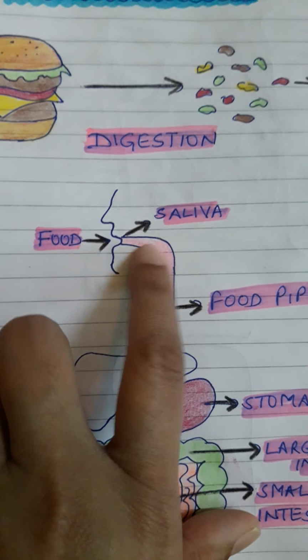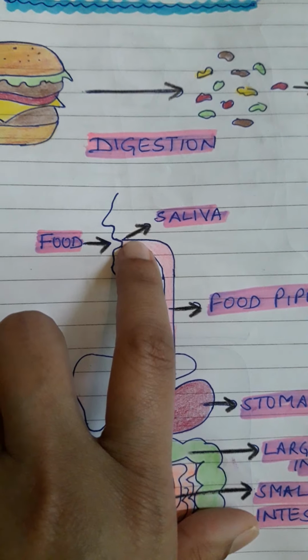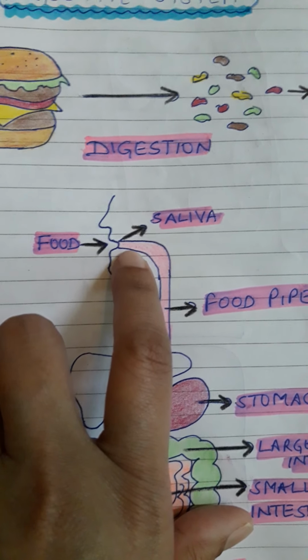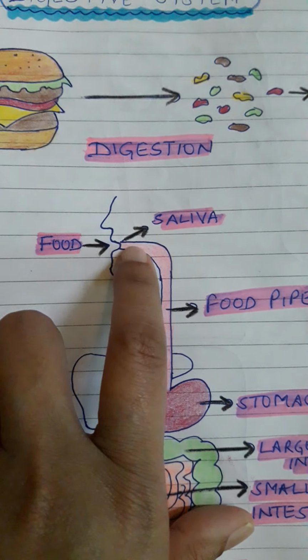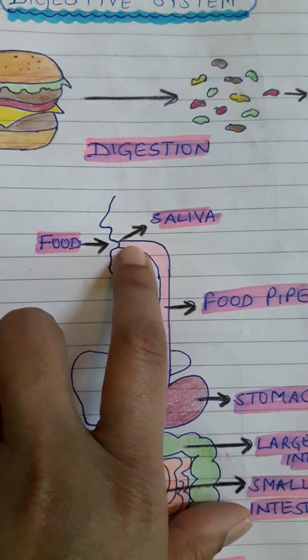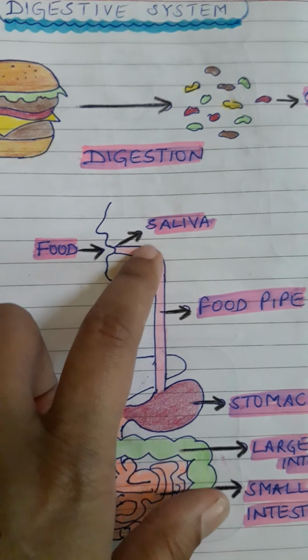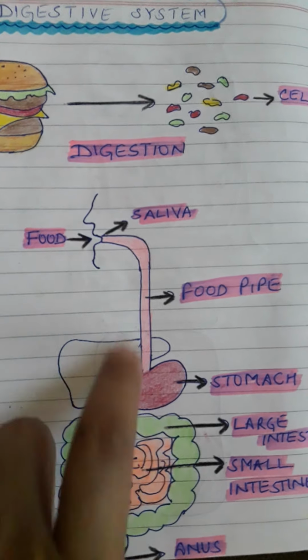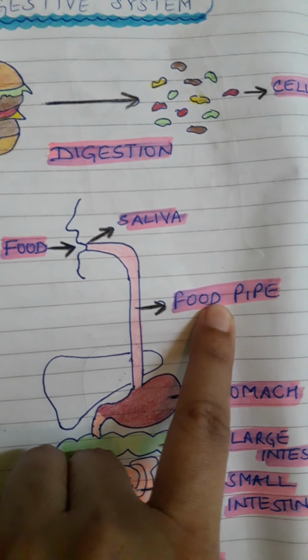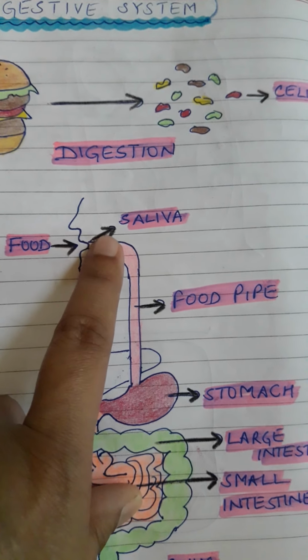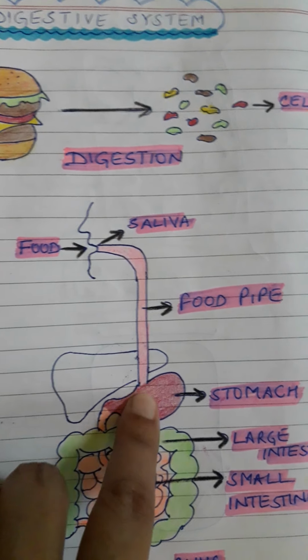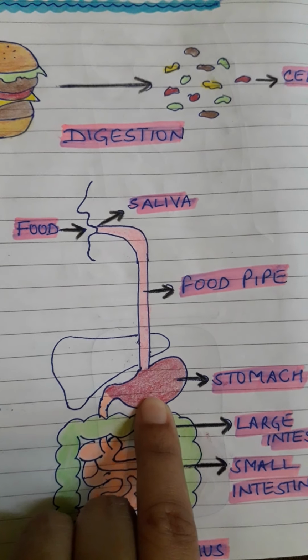This saliva mixes with the food in the mouth and makes the food soft. We chew the food, that is we break it into smaller pieces, and then we swallow it, and then it goes down through this pipe which is called the food pipe. From the mouth, through the food pipe, it enters our stomach.